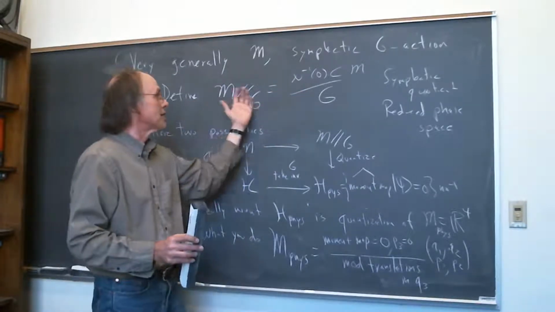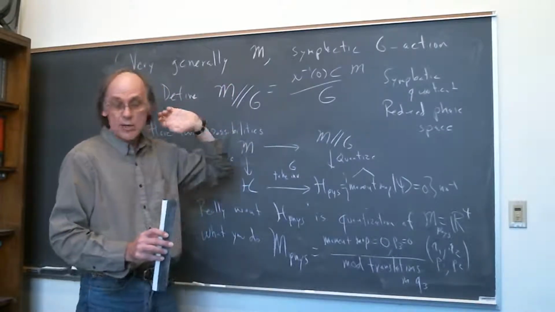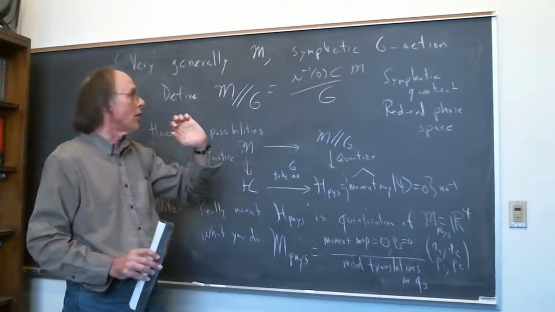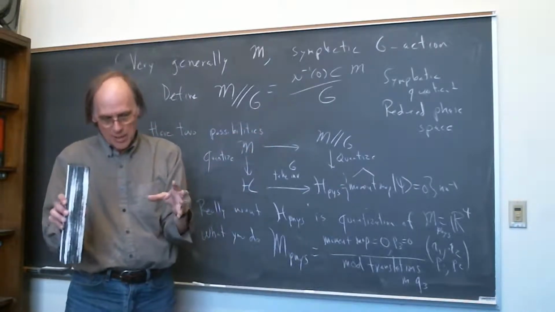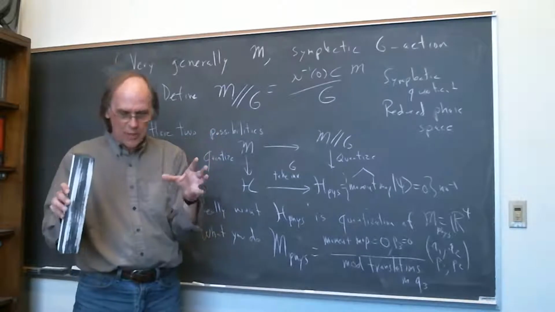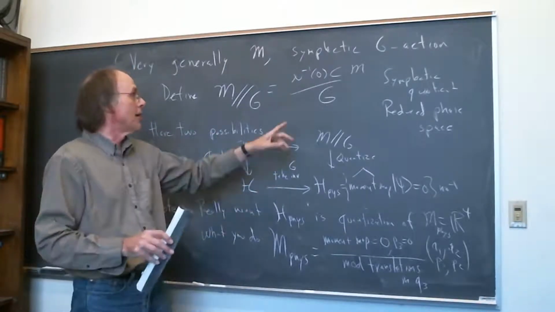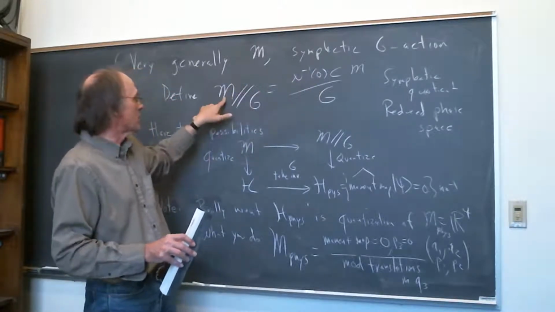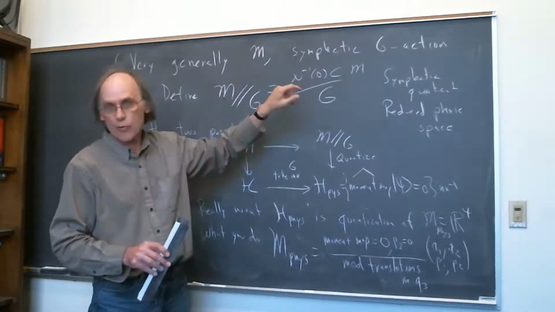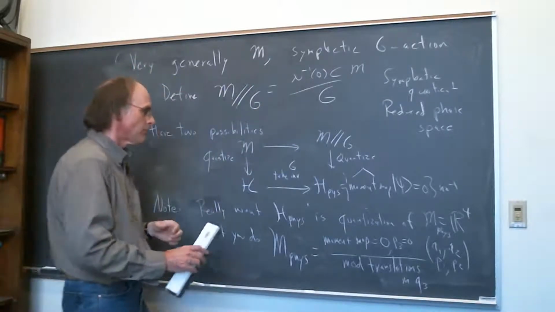So this gives you ways of creating new symplectic manifolds, and often if you're looking at some symplectic manifold and it looks very confusing and complicated, often it can be written in terms of a much simpler thing, but as this kind of quotient. So there's a lot of mathematics there.